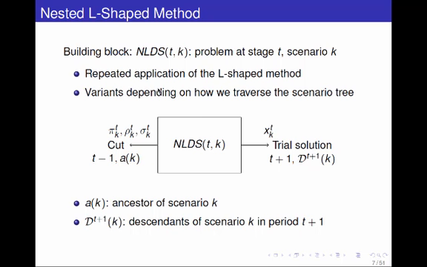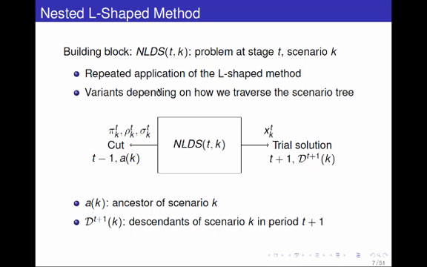An X for that NLDS, which I can send forward as a trial decision in the same way that we did it in the L-shaped method. If you remember, the first thing we did in the L-shaped method is to solve period t equals 1, throw the trial decision to the next time period. So when I solve an NLDS sitting at a specific node of the tree, I can throw forward a trial X, but I also generate dual multipliers that I can send backward.